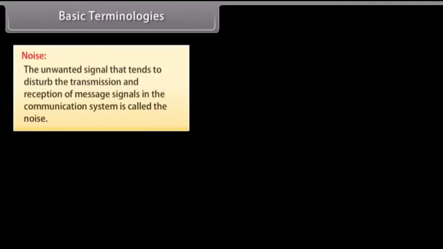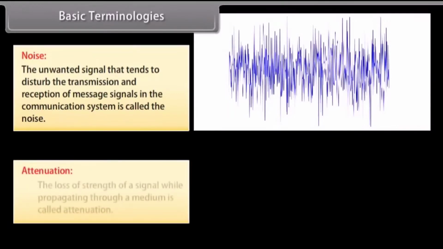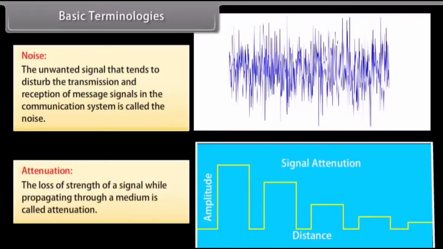Noise. The unwanted signal that tends to disturb the transmission and reception of message signals in the communication system is called the noise. Attenuation. The loss of strength of a signal while propagating through a medium is called attenuation. Amplification.